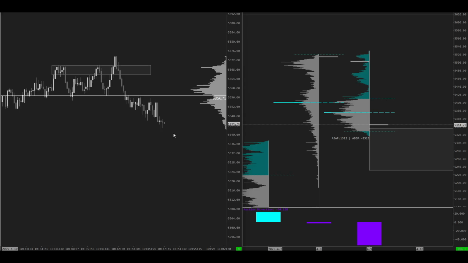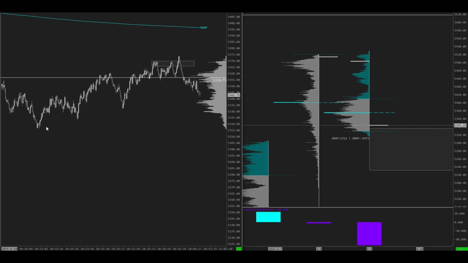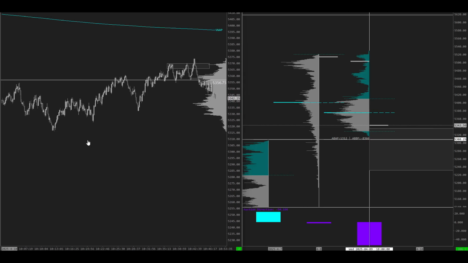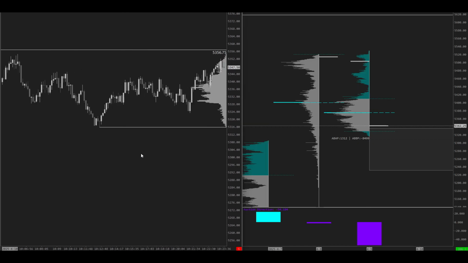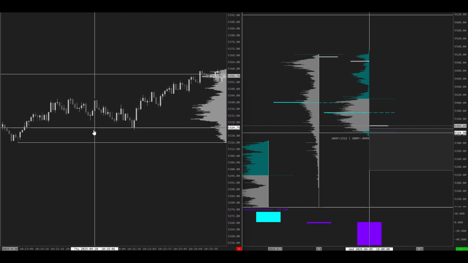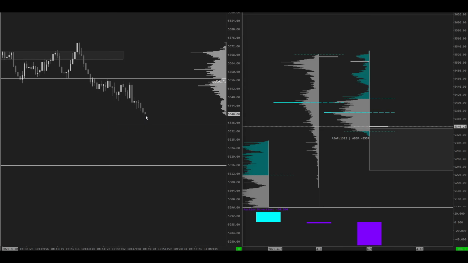And we can see some buyers giving up, but let's see here. Yeah, I have it on auto snap, so I'm just going to mark that low there. All right, let's see here. We got some buyers giving up.